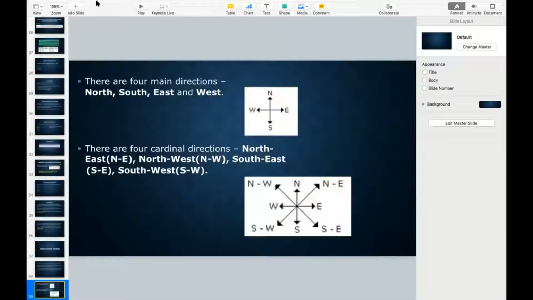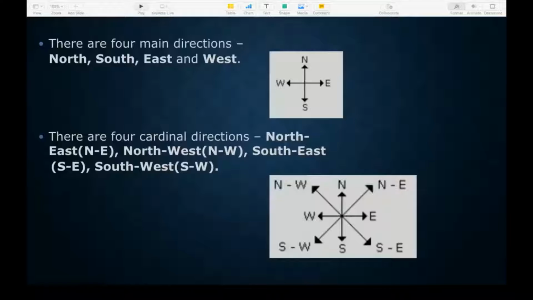We'll quickly look into one question. You know that there are four main directions: north, south, east, west. And in between we have four cardinal directions: northeast, southeast, northwest, and southwest.